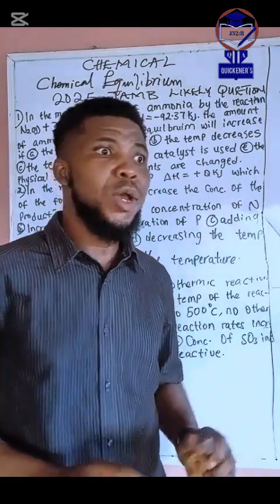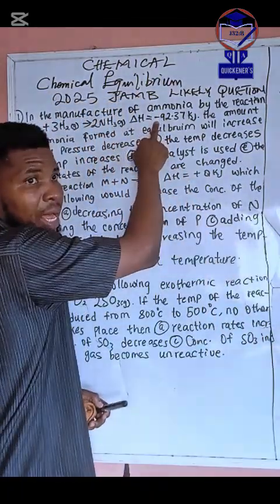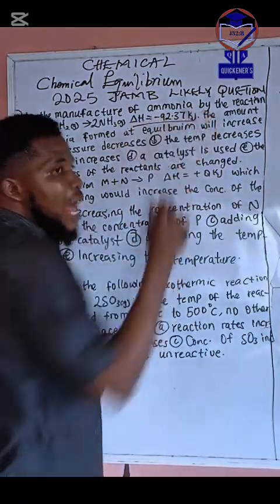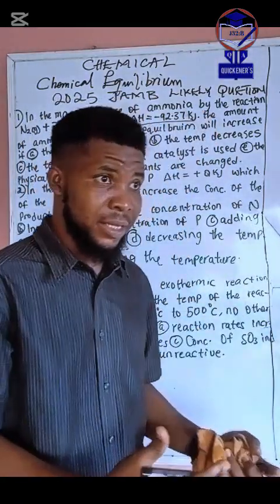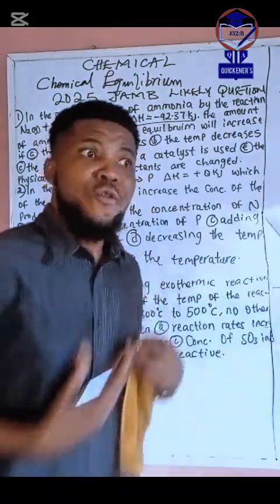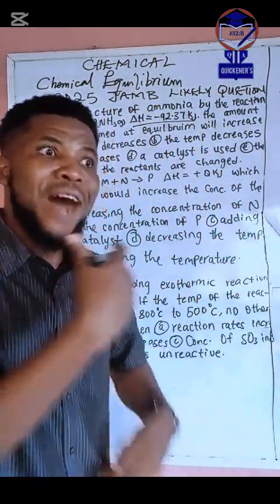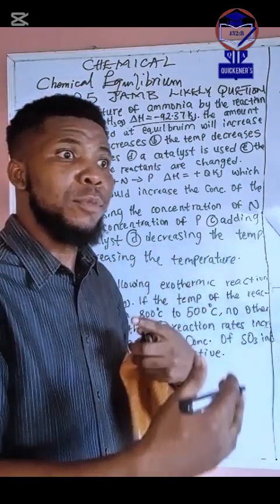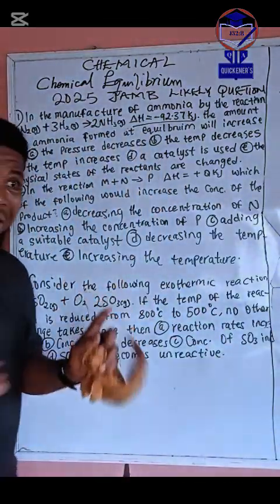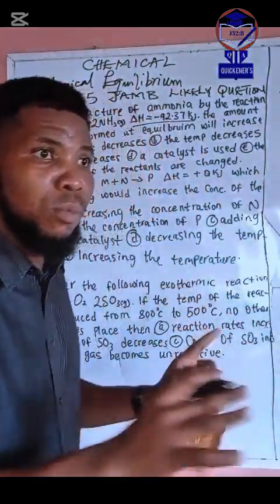Because it's already exothermic. That minus shows that it is giving out heat. So when you lower the temperature around the environment, it will favor the forward reaction. Vice versa, when you increase temperature, it will favor the backward reaction. That is general for all exothermic reactions under equilibrium conditions.